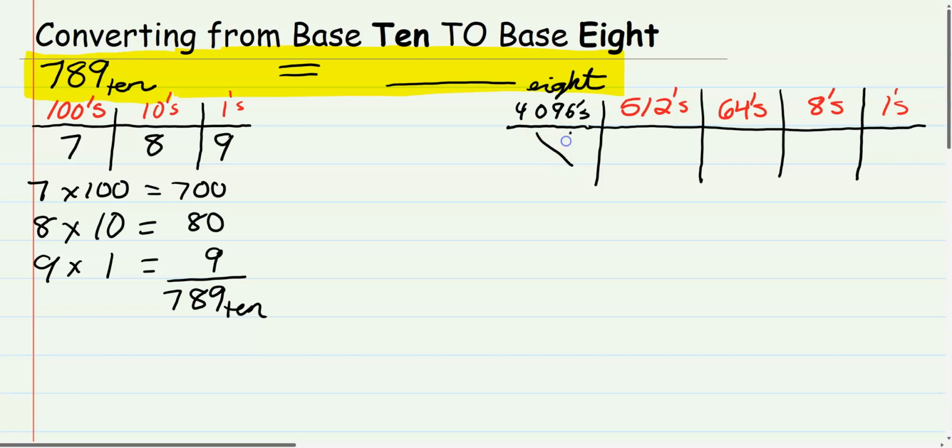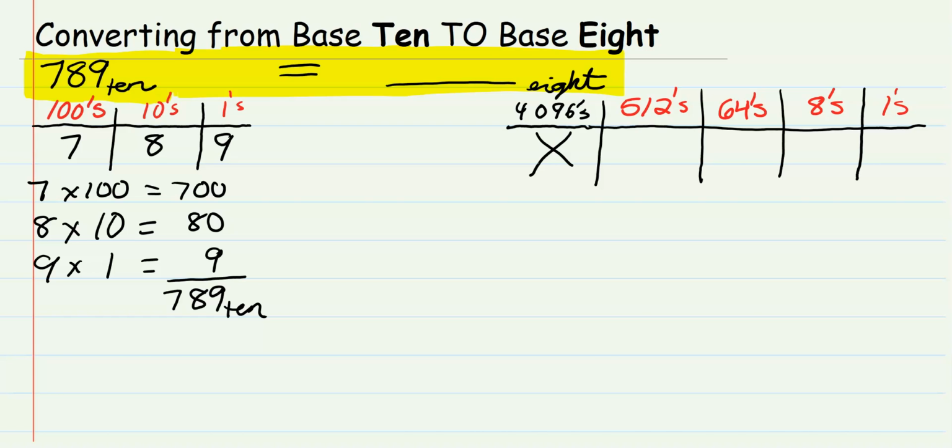We definitely don't have that many. We only have 789. So we know now that this number 789 will be a 4-digit number in base 8.